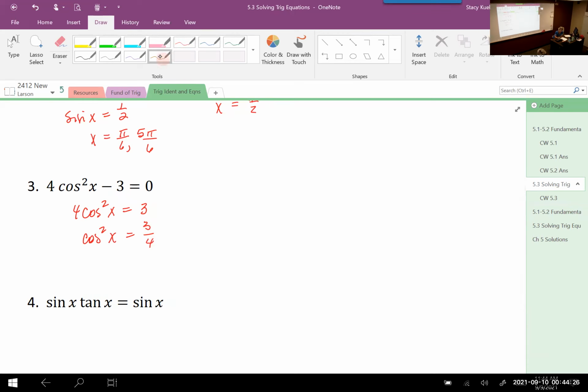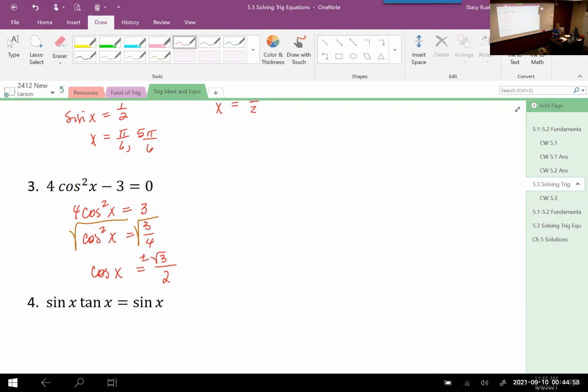Take the square root of both sides. So the cosine of x would be the square root of 3 on top, divided by, what's the square root of 4? 2. And is this a plus? This is plus and minus, by the way. That's important. When I take the square root of a number, I get both the positive values and the negative values, right? That means then that I'm looking at what?